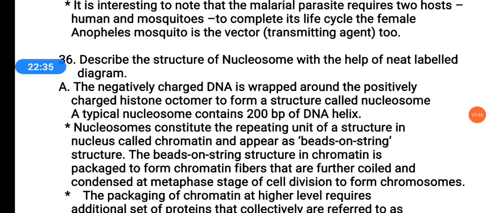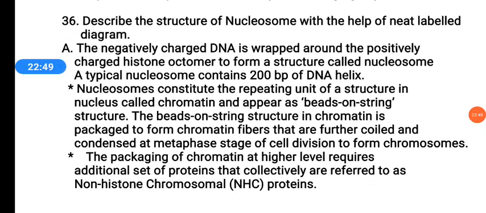A nucleosome contains 200 base pairs of DNA helix. Nucleosomes constitute the repeating units of a structure in the nucleus called chromatin, which appears as a beads-on-string structure. This chromatin is packed to form chromatin fibers that are further coiled and condensed at the metaphase stage of cell division to form the chromosome.